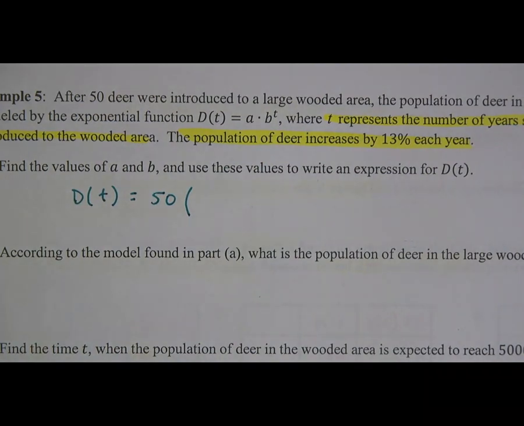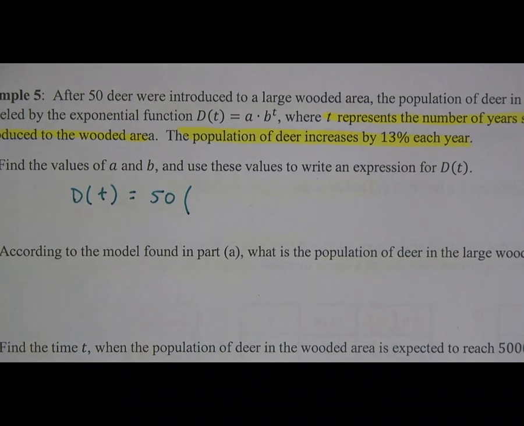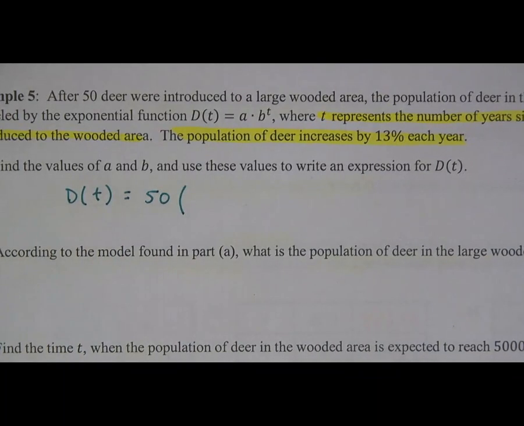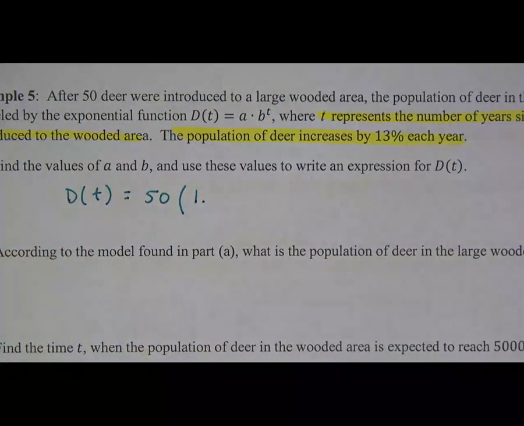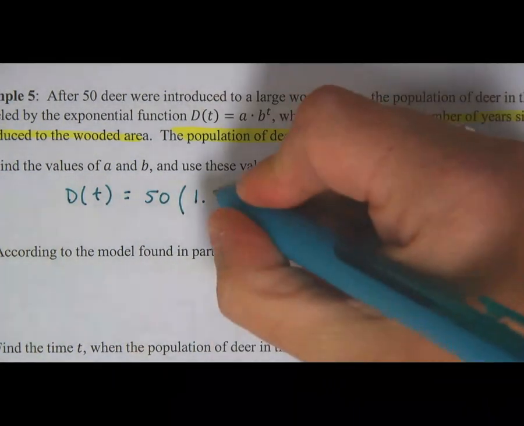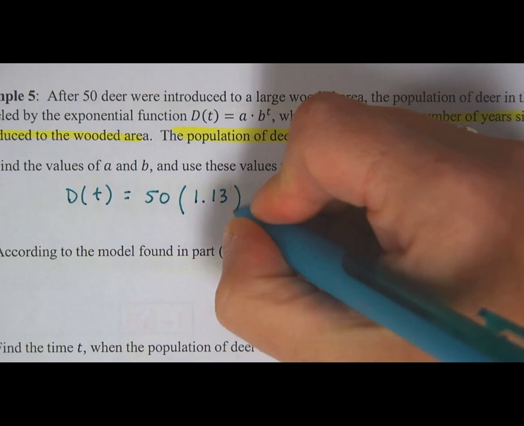B is what you're multiplying by for every year that goes by. 0.13, there's a problem with that. That would be an exponential decay. That would mean that there's only 13% of the deer that there were last year. There are 100% of the deer from last year and 13% more.